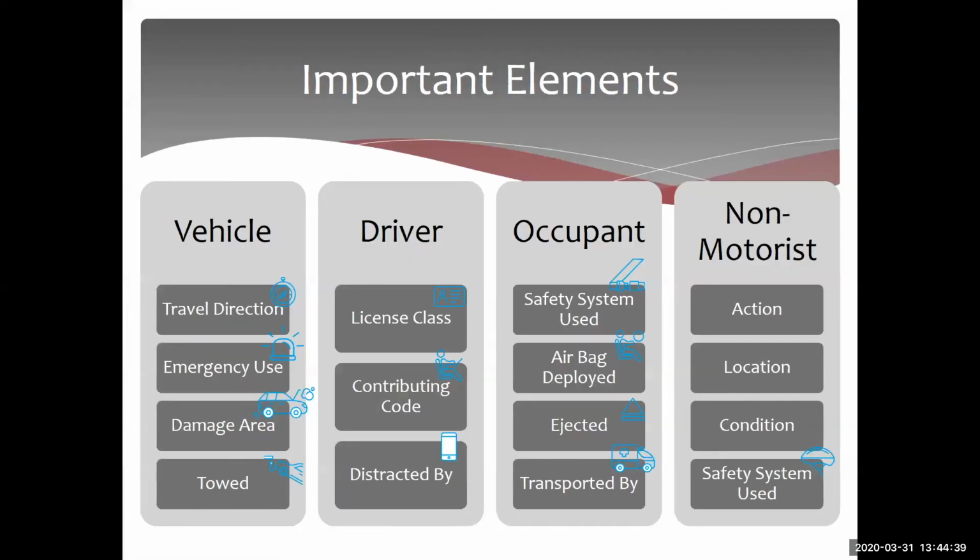Next slide. So the other piece of what we did was look at important crash report elements that are often left empty or miscoded on crash report forms. And what we found in doing an analysis with the Registry of Motor Vehicles is that these 15 fields often have either invalid information, an invalid code, or are left empty.